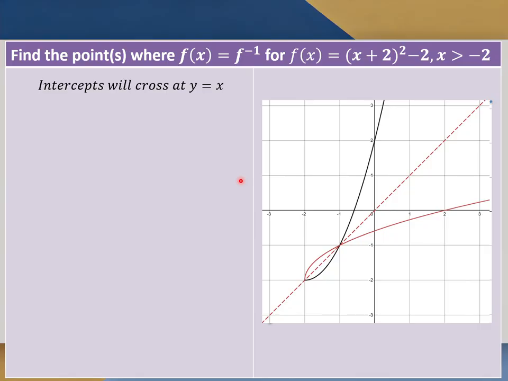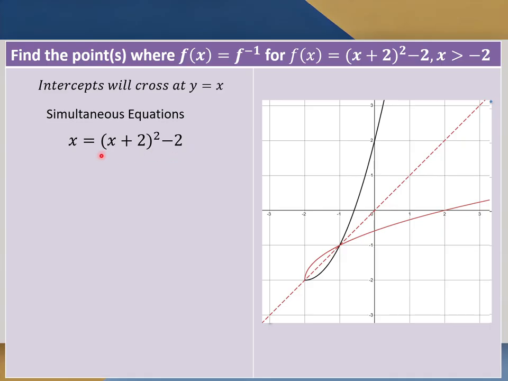But if I don't have this graph given to me, the best way to find where it's crossing is using the function that's given and y equals x, and using simultaneous equations. So instead of saying y equals (x plus 2) squared minus 2, I'll say x is equal to (x plus 2) squared minus 2.